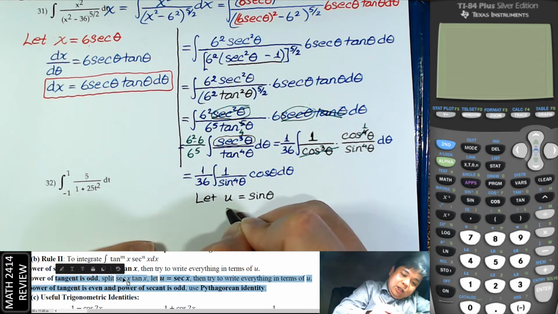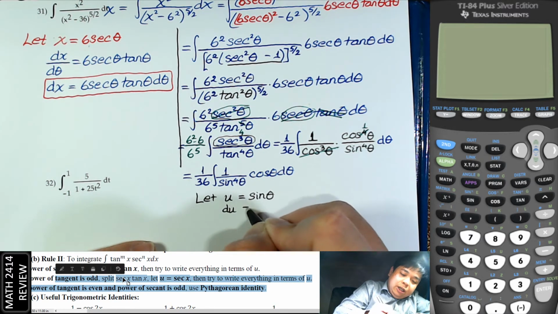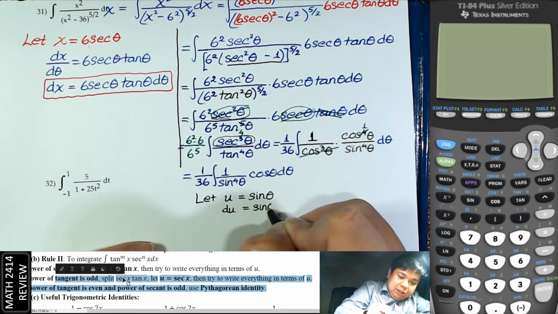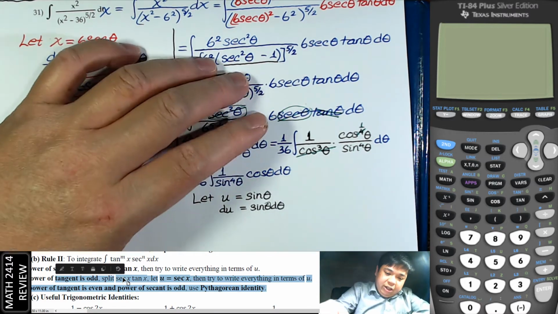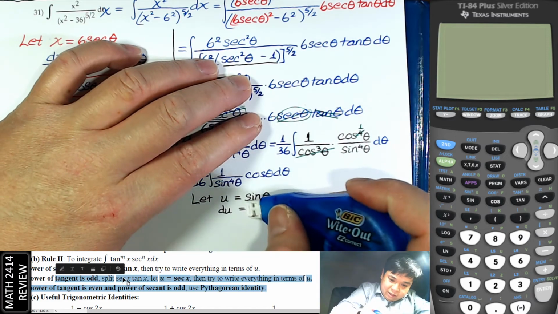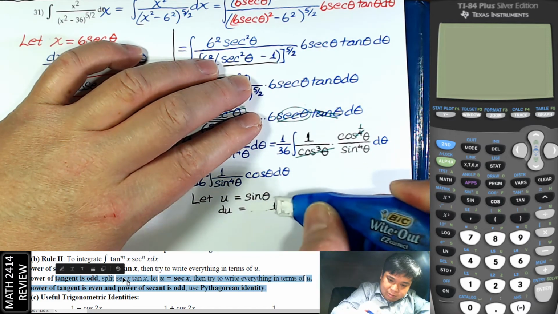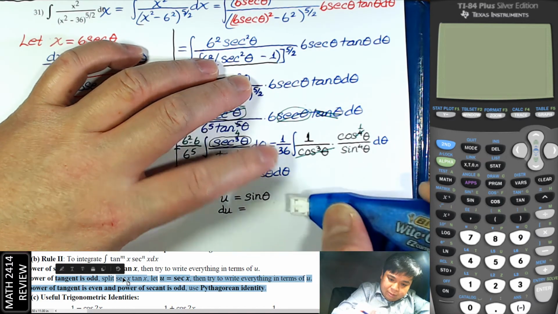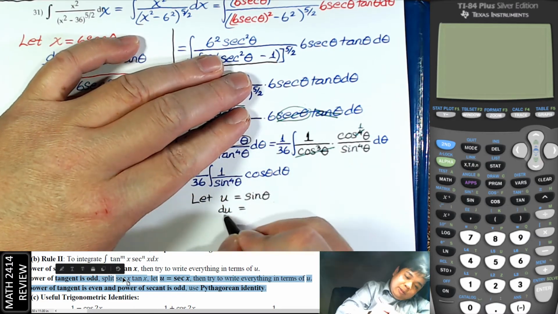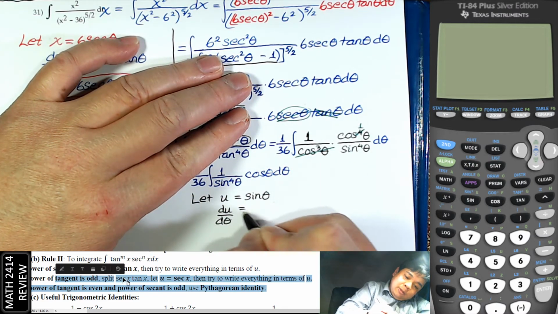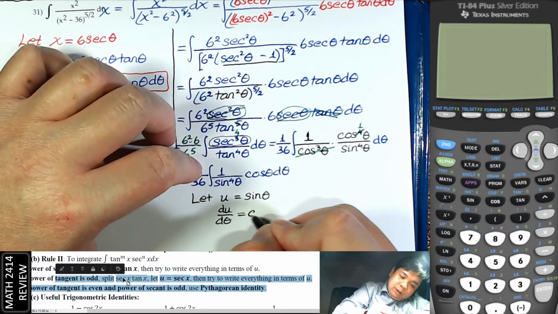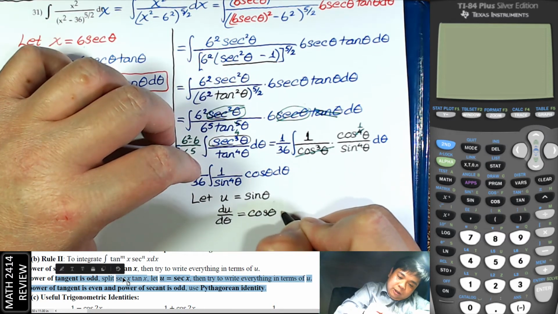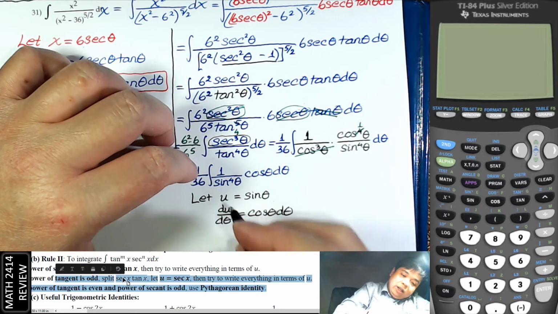So du is, the derivative of sine is cosine, and move the d theta over.